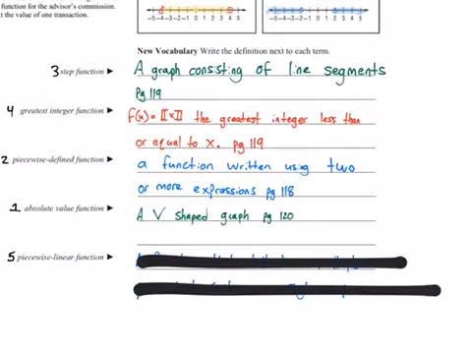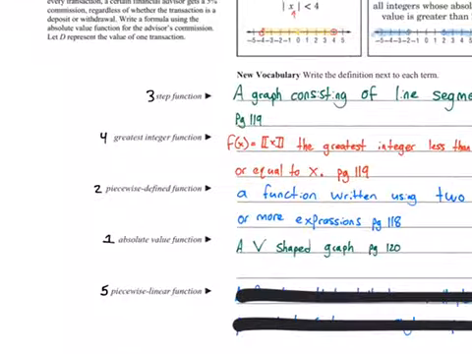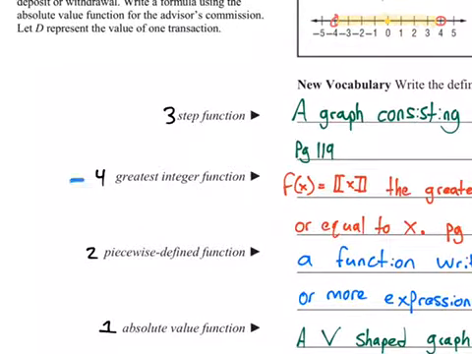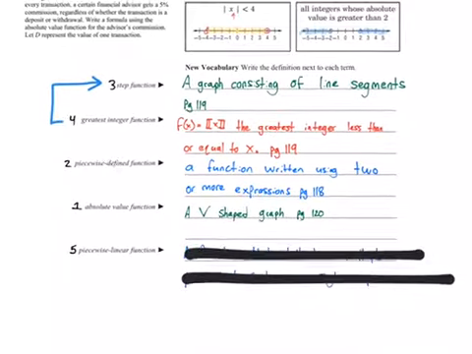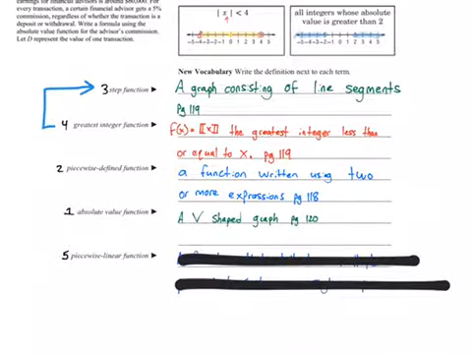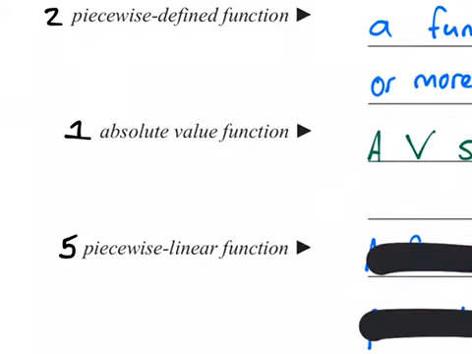All right, so here back on our definitions, I do want us to understand that a greatest integer function is a step function. It will always look like a step function. Now, this last definition isn't necessarily required, but piecewise functions, which we saw yesterday, are functions that occur in different pieces.